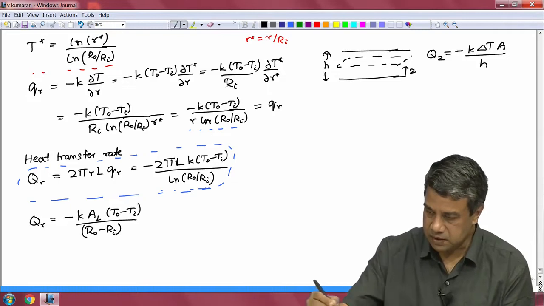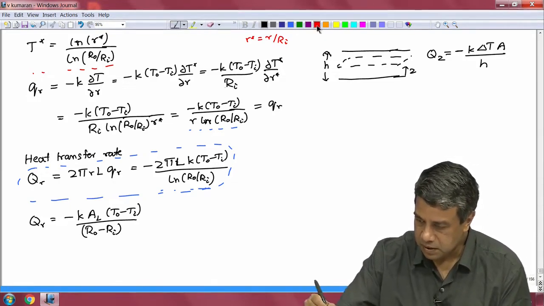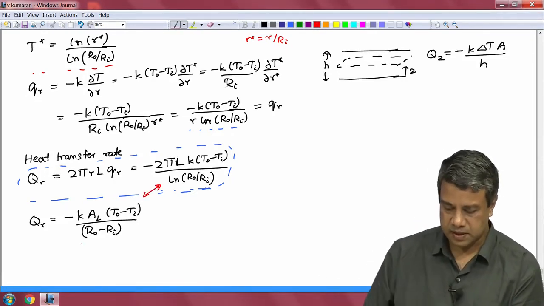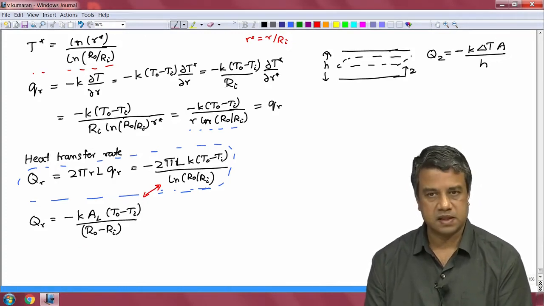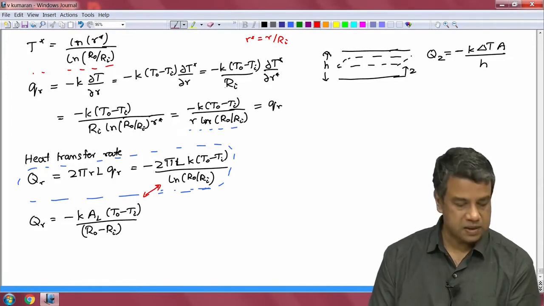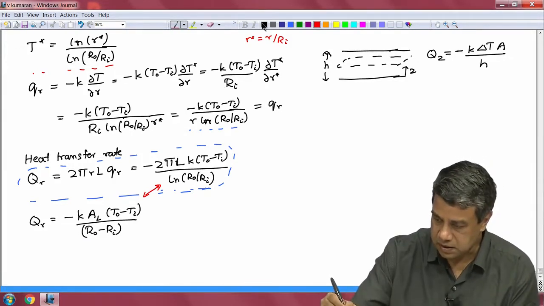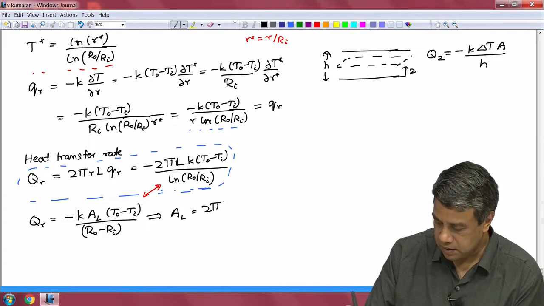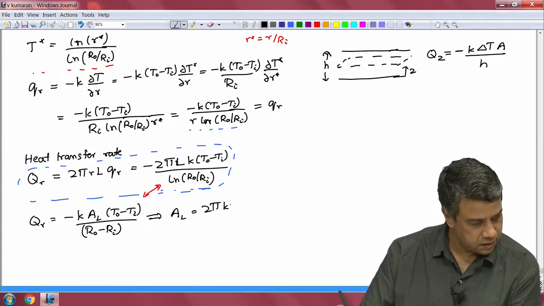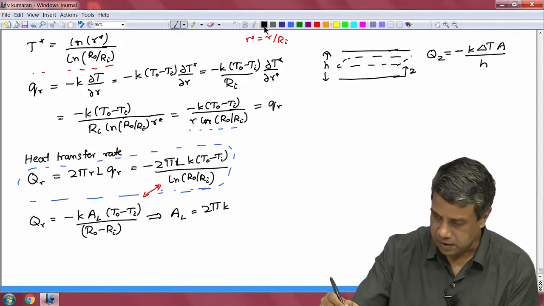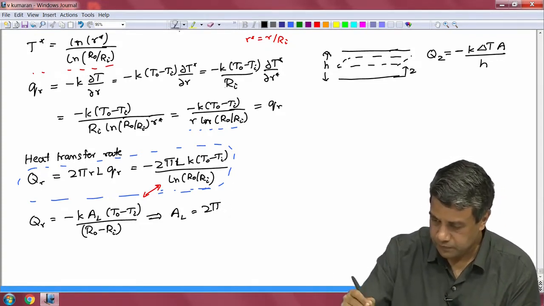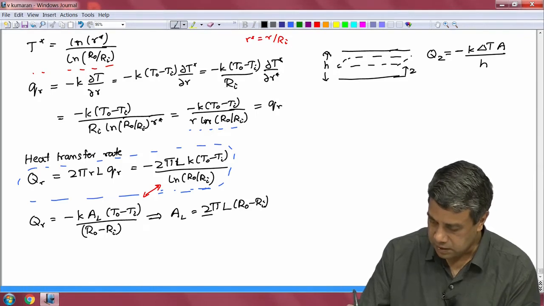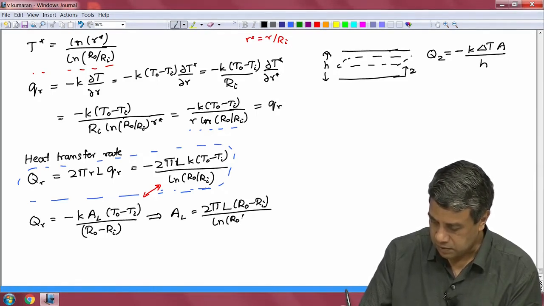For these two expressions to be the same, the area has to be given by 2 pi L into (R o minus R i) by the natural logarithm of R o by R i.